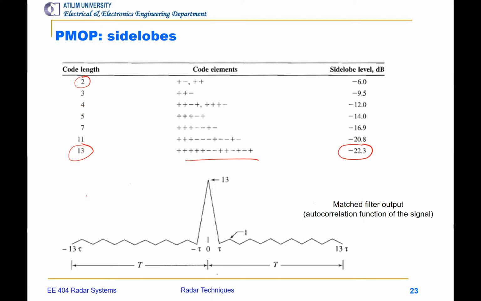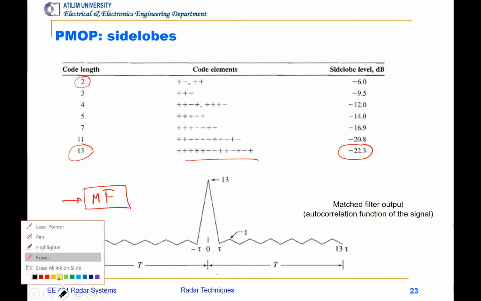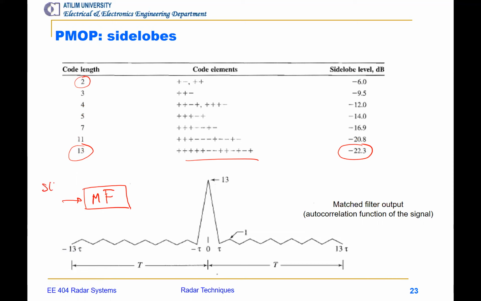That's the matched filter output. Let's say this is the matched filter, and here we have the PMOP signal, and the output here is s prime of t.